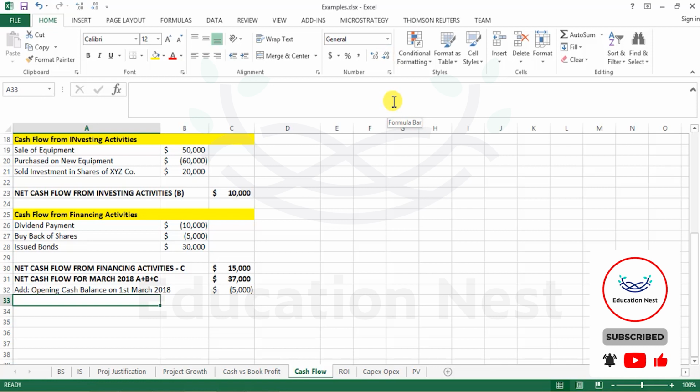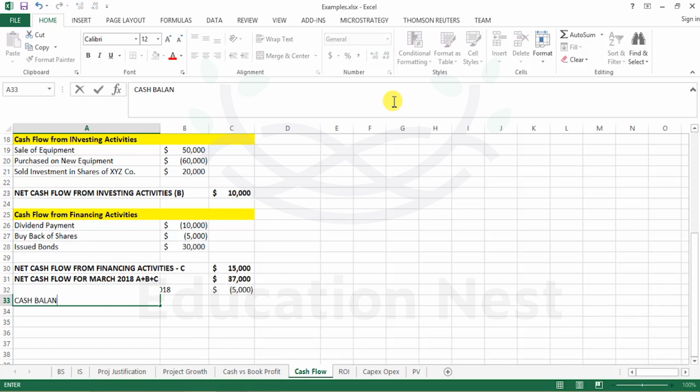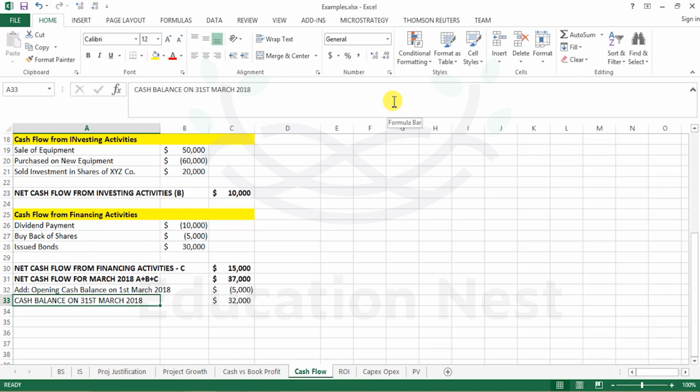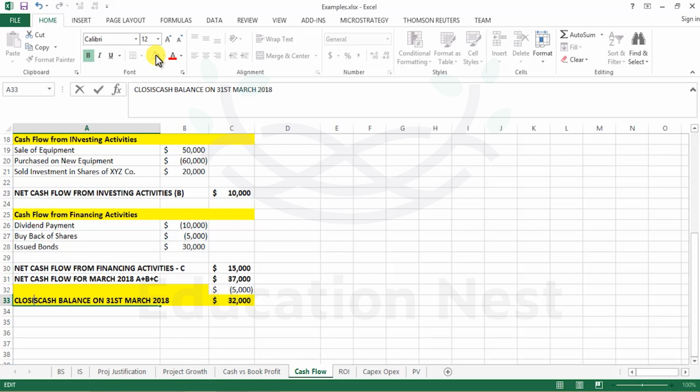And so that gives you cash balance on 31st of March 2018 as $37,000 minus $5,000, that is $32,000, your net cash balance at the month of March, or you can say precisely the closing cash balance in March 2018. Closing cash balance as on 31st of March 2018 goes to $32,000.